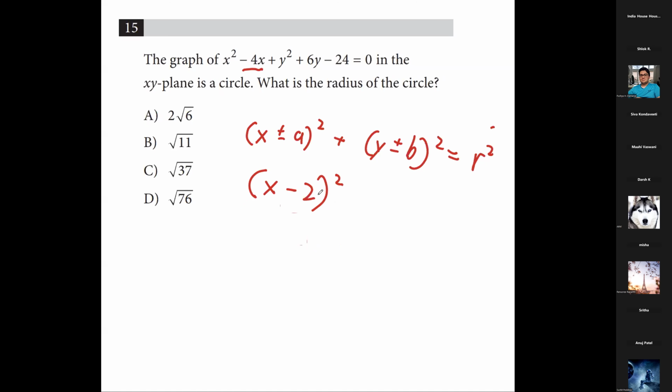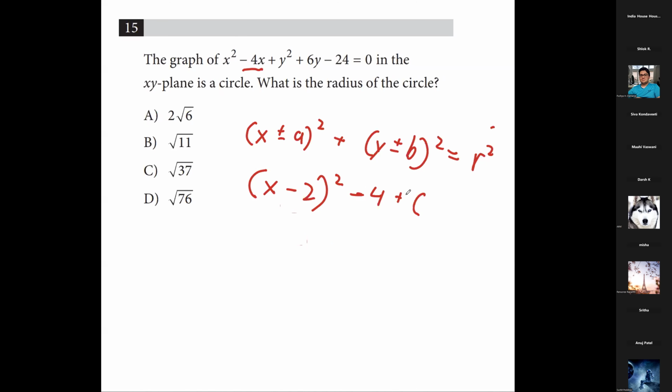And then this would give us a remainder of 4. So that means this equation is 4 larger than this original equation. So we have to subtract 4 from the original equation in order to use this. And then we do the same thing with the y term.